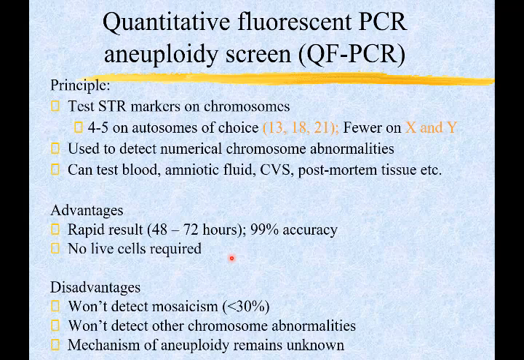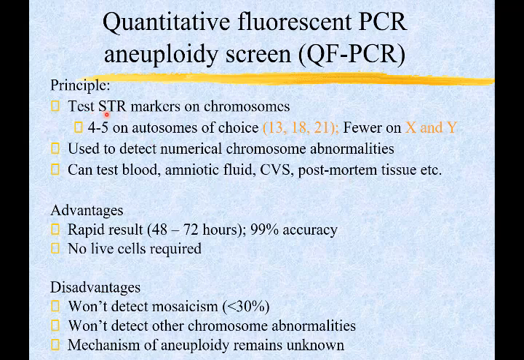Another rapid testing for the fetus is the quantitative fluorescent PCR aneuploidy screen. So QF-PCR is done on amniocentesis samples. It can be done on blood, amniotic fluid, CVS, post-mortem tissue.